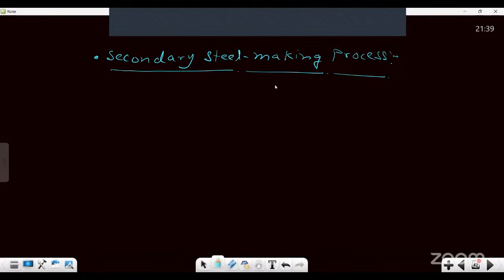It is a critical refining stage that occurs after the primary steel making and before casting. When steel comes out of the BOF, the basic oxygen furnace, or the EAF converter, it is called crude steel. This steel needs more refining.